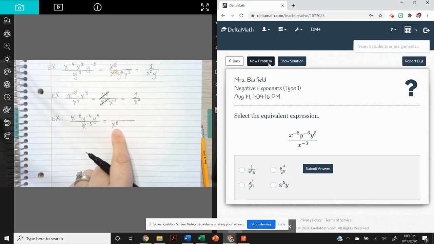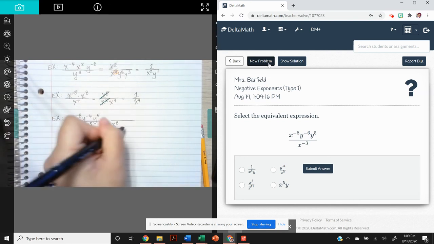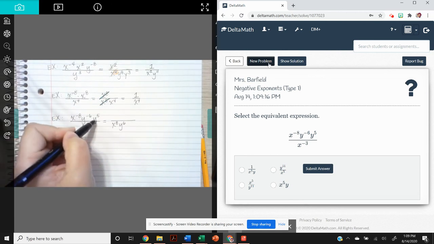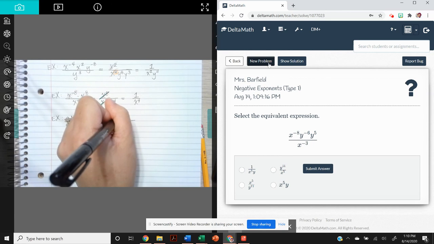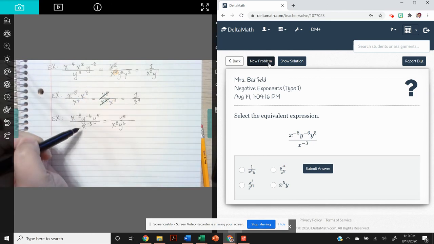Went to the bottom. Y to the negative 6 goes. Move it to the bottom. Y to the 5th stays. Now, here's a little tip. Organize your work. Put your y's over your y's. All right?